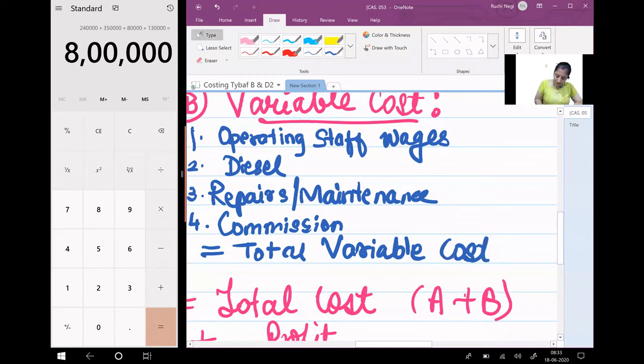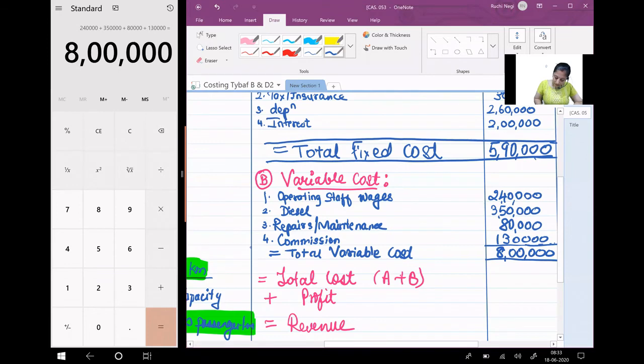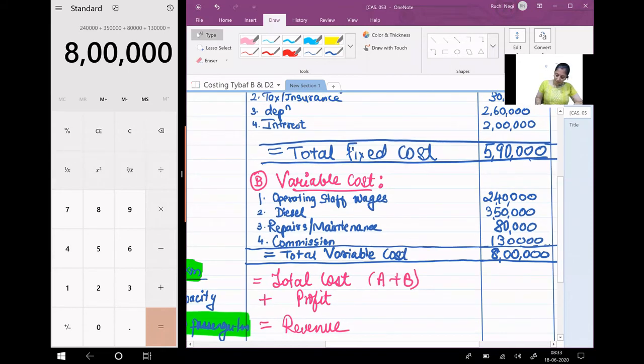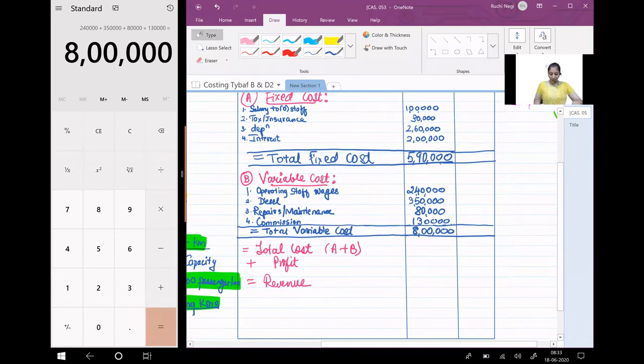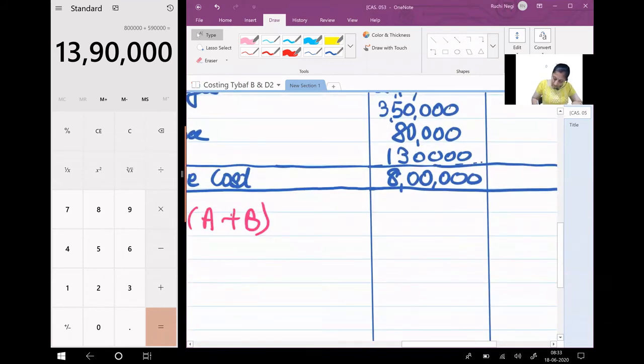Clear everyone? Okay. And then total cost is A plus B, that is 8 lakhs plus 5 lakh 90. 13 lakh 90. Right here. 13 lakh 90,000.